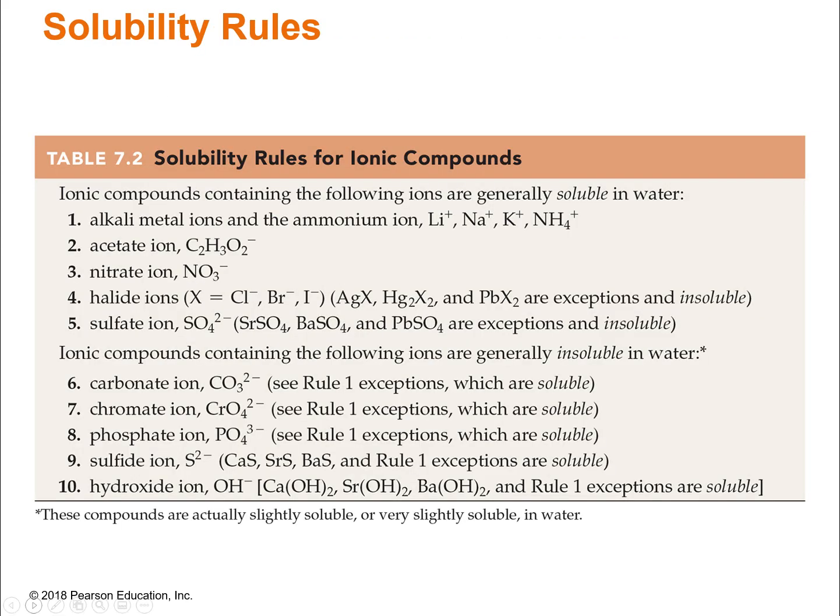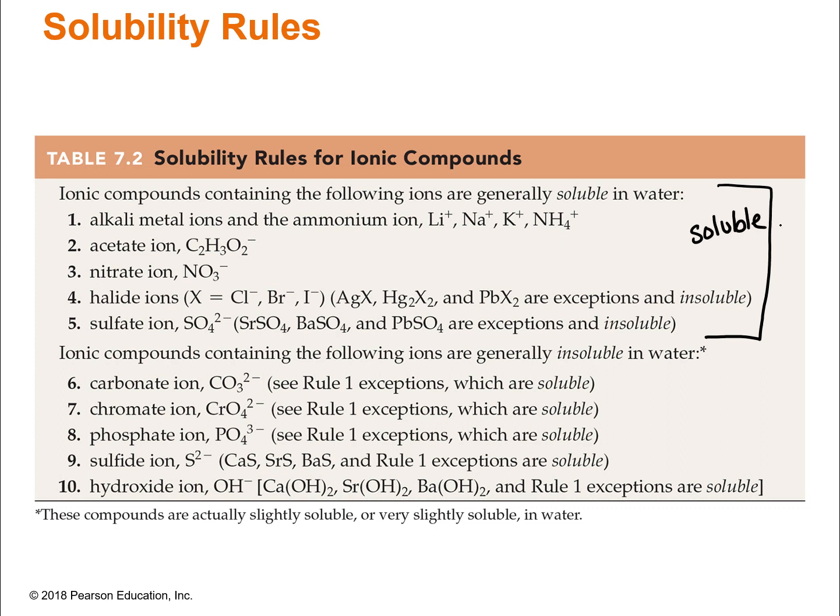I've got a chart. Solubility rules. These are solubility rules for ionic compounds. It's broken up into two parts. The first half, we're talking about things that are generally soluble.